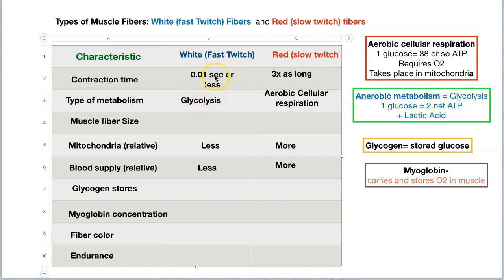These guys are going to be burning through glucose just to get the equivalent amount of ATP as these red slow twitchers. They are going through glucose, so they need more glucose. And their blood supply isn't quite as good as these guys either, so they're not going to be getting it as quickly in the blood either. So since they're going through glucose, they need more glucose. They need more glycogen stores.